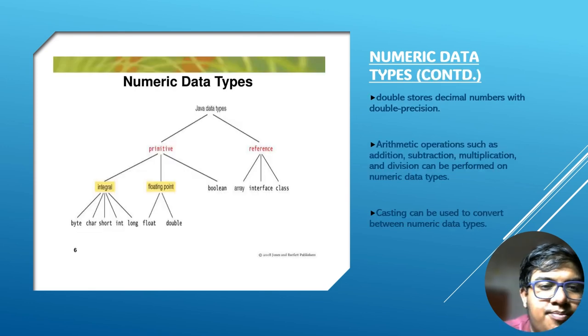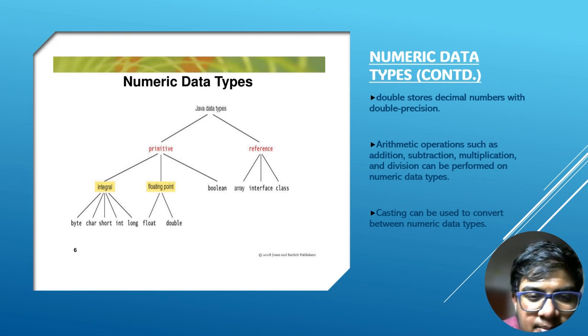So let's move on. Now in numeric data types we also have double, which stores decimal values just like the float, but double has double precision.